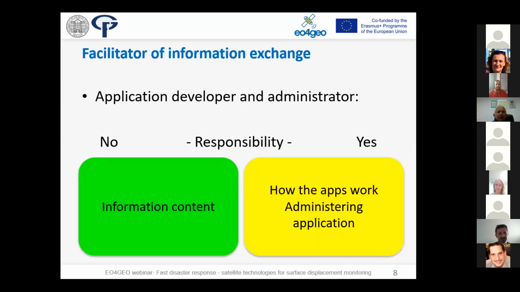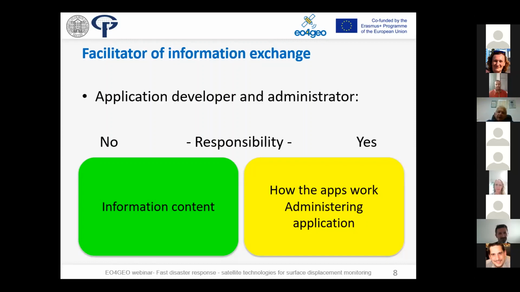So what does it mean? If we are a facilitator of information exchange, so if we have developed an application and we are maybe also the administrator of this application, in principle, we are not responsible for the content of information which will be published on such an application, because they are basically more or less offering free access to the citizens.